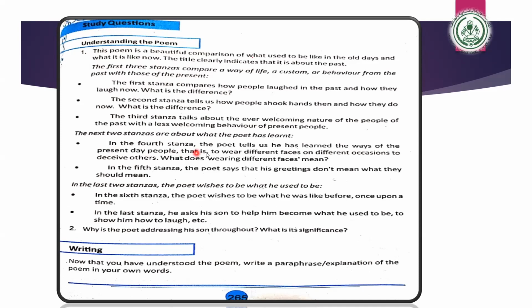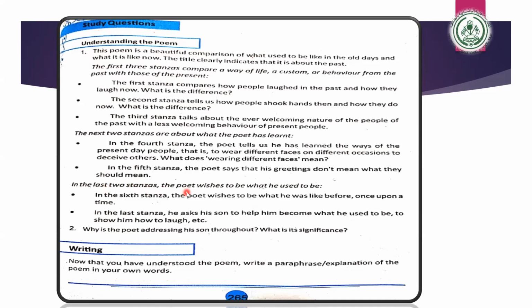In the fourth stanza, the poet tells us he has learned the ways of present day people, that is, to wear different faces on different occasions to deceive others. What does wearing different faces mean, dear students? Will you explain? In the fifth stanza, the poet says that his greetings don't mean what they should mean.